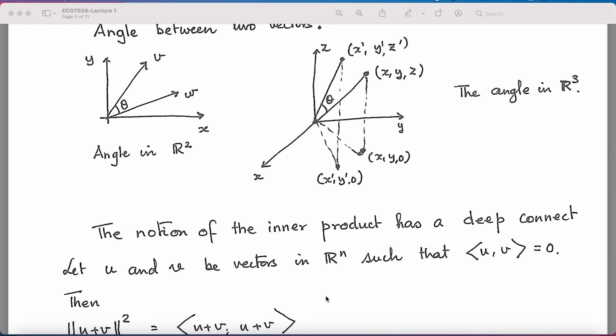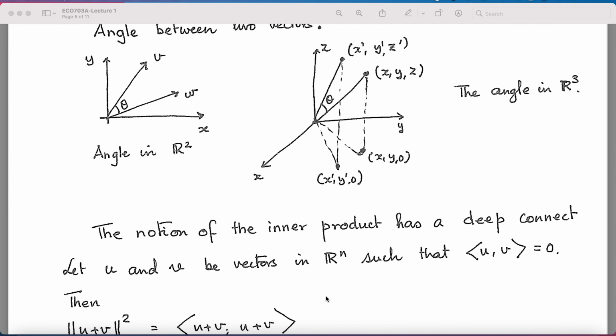And minus 1, 1, when joined with the origin, also has 45 degrees with the x axis, and also 45 degrees from the y axis. So, the internal angle between these two vectors is 90 degrees.